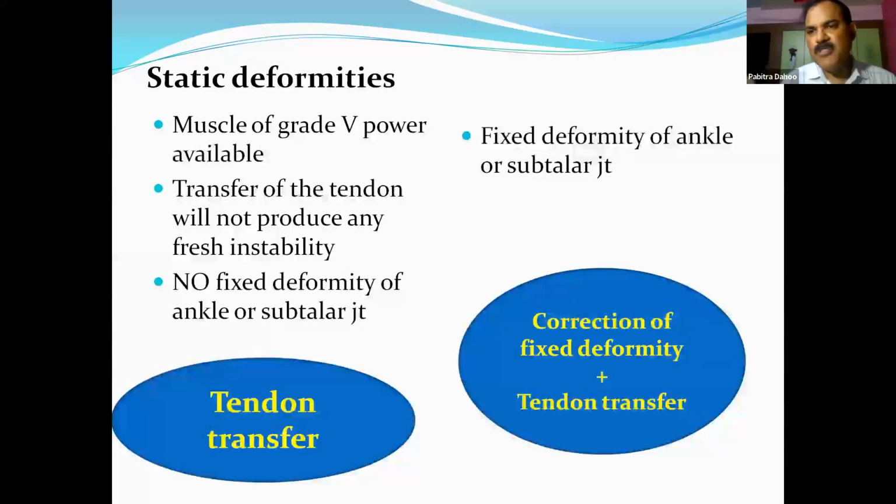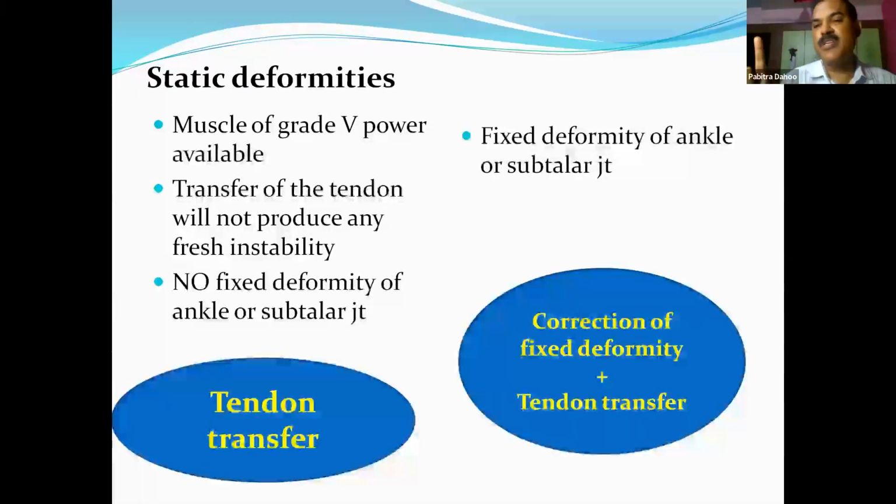As I said, if the patient has a varus deformity and the tibialis posterior is spastic, you will take the tibialis posterior to the lateral side to correct the varus or inversion deformity. But that will land you with another deformity, valgus deformity, which is very difficult to correct. So you should choose a muscle that should not create a fresh deformity.